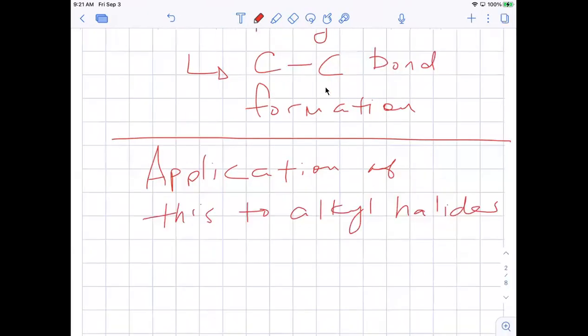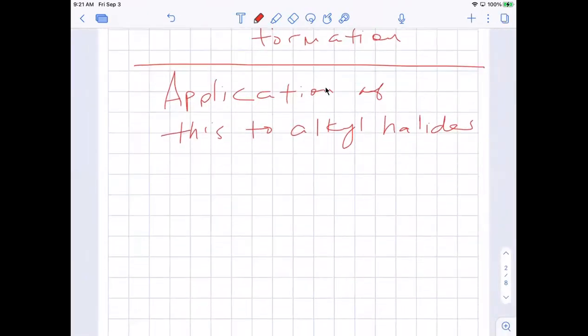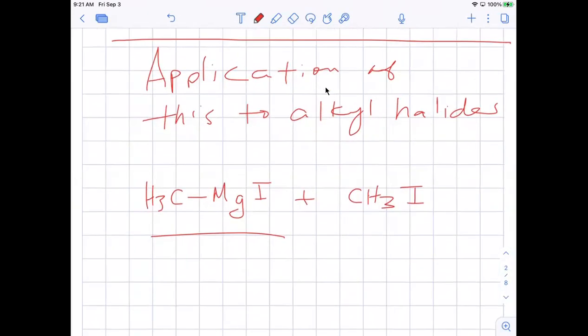And so now we're going to talk about one of the uses of alkyl halides. So if I take, let's just say, a simple Grignard like this, right? So this is my organometallic, and I react it with an alkyl halide, right? What this type of reaction does, it's a coupling reaction. I'm going to end up putting carbon pieces together.